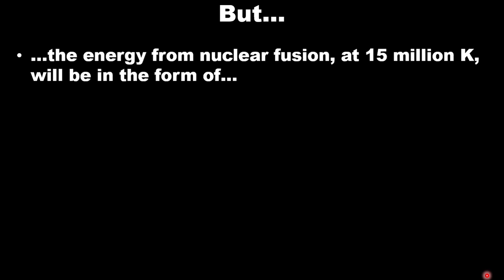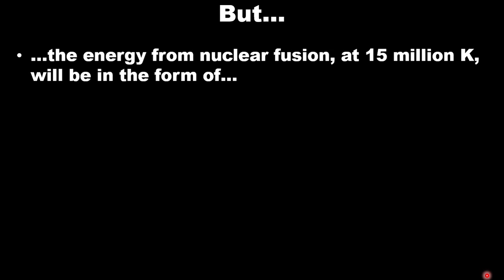But there's one more problem we need to answer, and that's this. When you're dealing with nuclear fusion and the creation of electromagnetic radiation, what form will that electromagnetic radiation be in? Remember that the wavelength, and therefore the type of electromagnetic radiation, depends on the temperature.